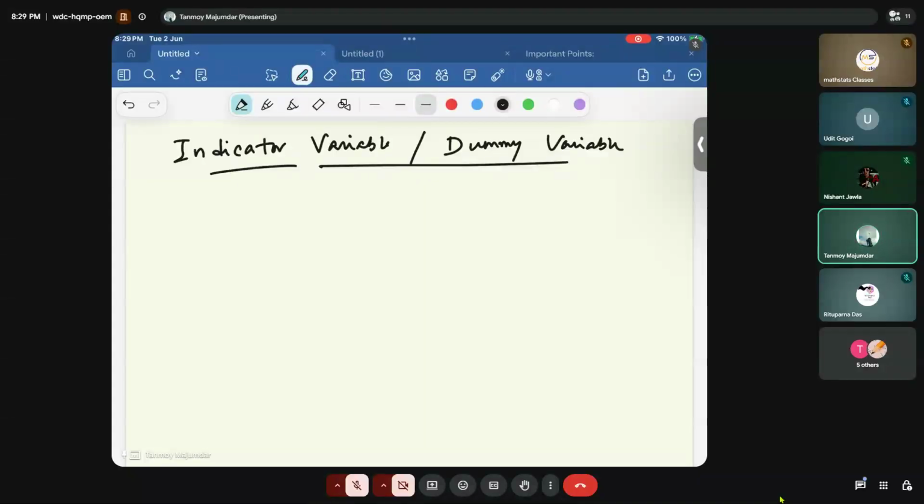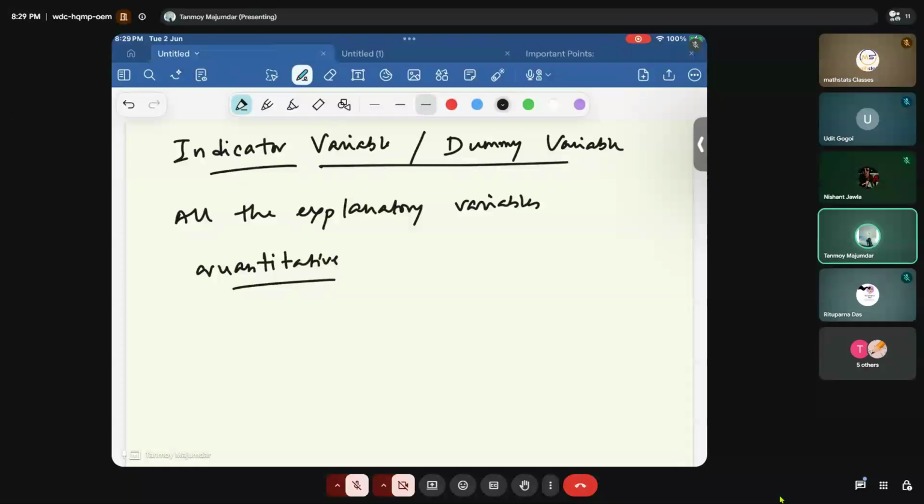Okay, so suppose all the explanatory variables we have, जितना भी explanatory variables हमारे पास है, that are quantitative.